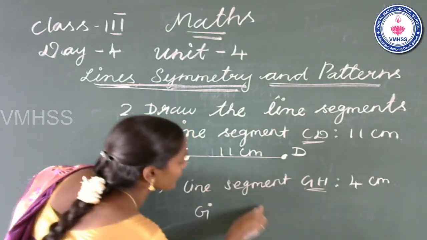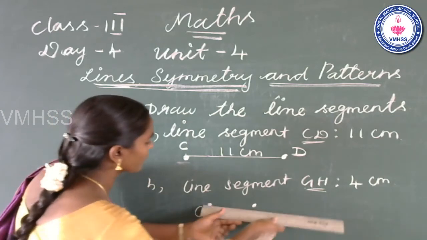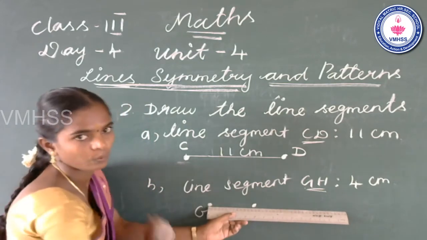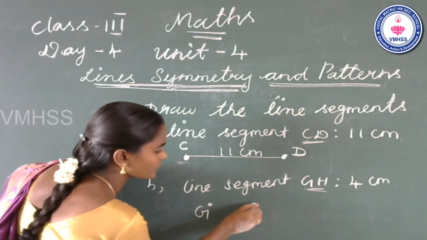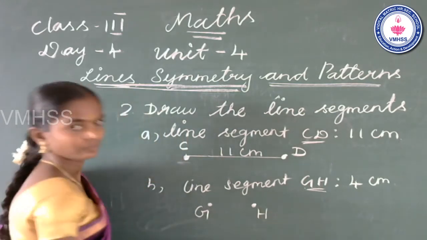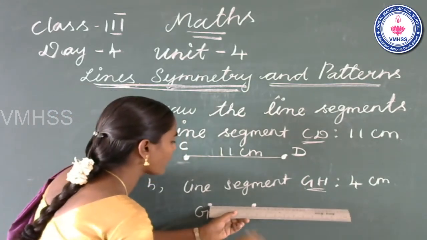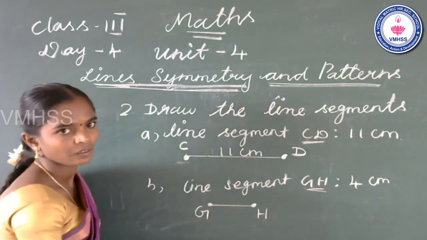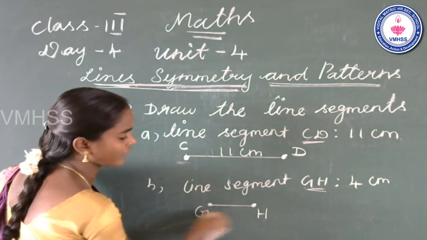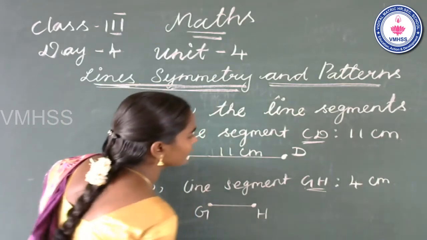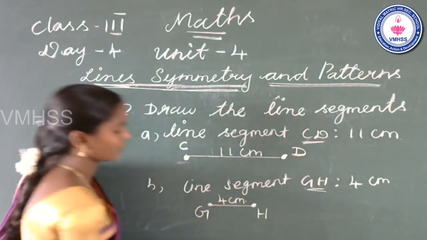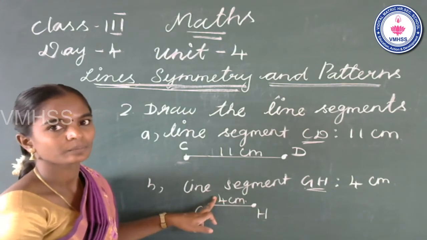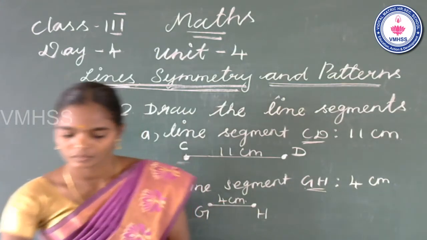So the 4 is this one. So 0 1 2 3 4. Next this point named H. Next join the points G and H. So this line segment GH, length 4 centimeter. Next we write the length 4 centimeter. Is it clear?